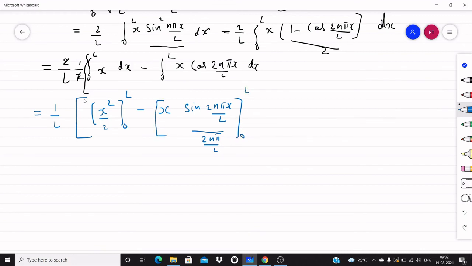I think this one should be made curly brace. Then, oh, actually we already have minus here. So I think better we write 1 by L along with each term. Otherwise it will be confused.